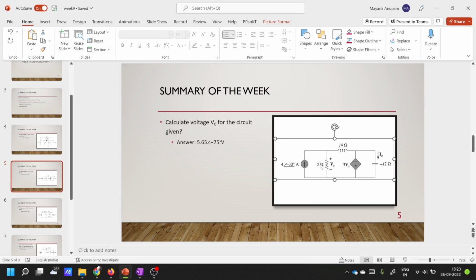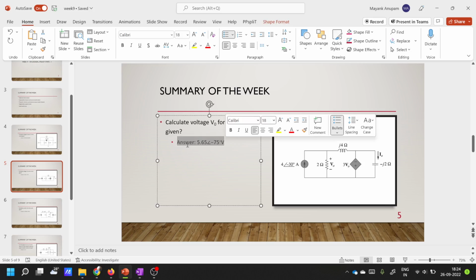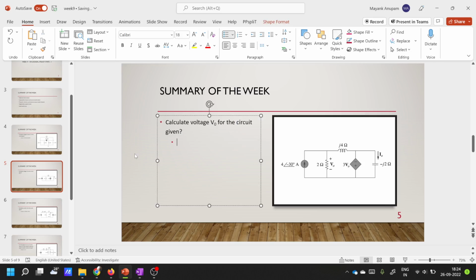Now this is the second question. Let's solve this also. What do we need to find out in this case? We have to find out this voltage V0 for the circuit given.